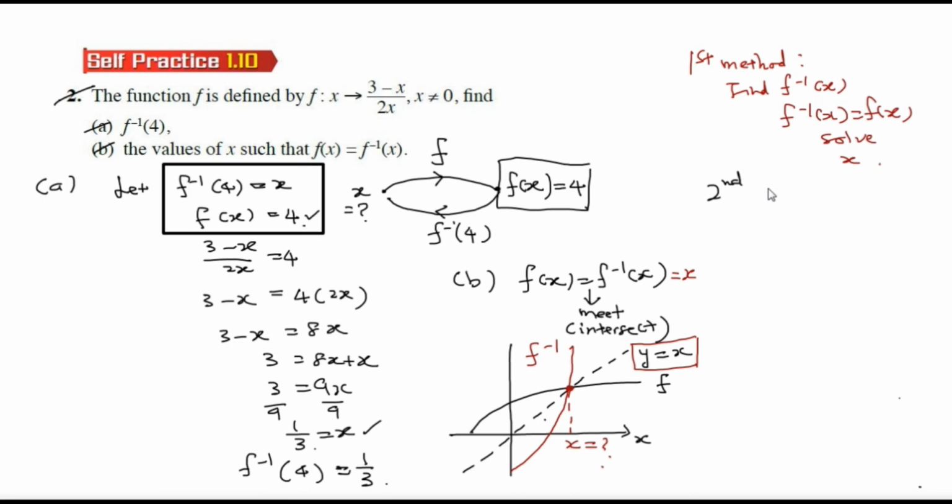Second method, you can equate f x and also x. Okay, f x equals x, because f x equals f inverse x, they also meet on the reflection axis. So it's always easier to find the intersection point if you refer to the reflection axis.